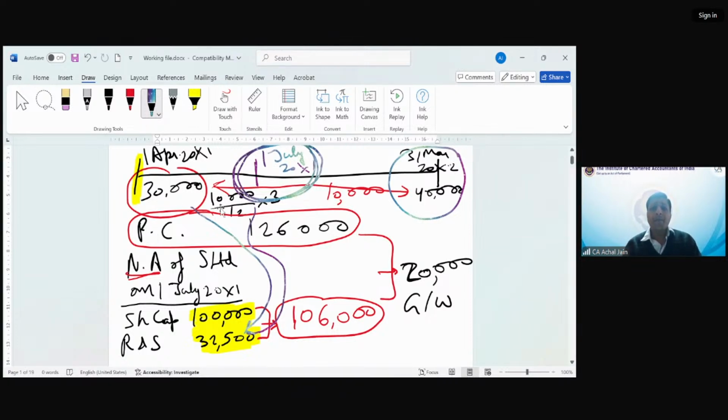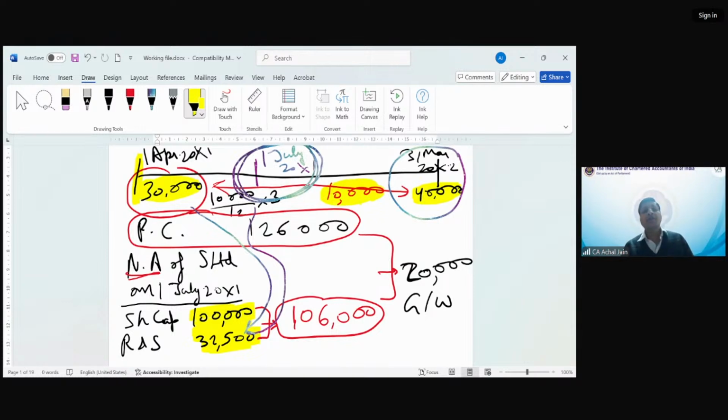All right, so now, Neha, if you look at the reserve on 1st April X1, that was 30,000, correct? And at the end of the year, you had 40,000. So that is changed by 10,000. What does it mean? During the year, profits of 10,000 have been earned. So what will you do?